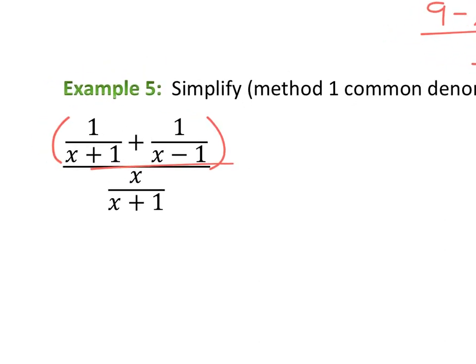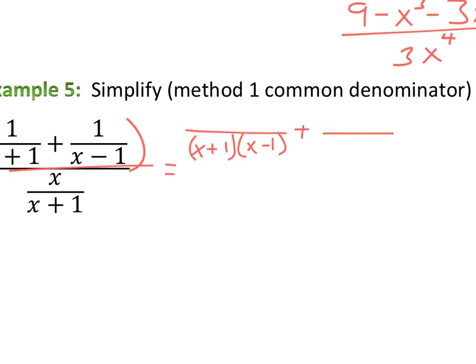In order to do that, I need a common denominator. The common denominator in this case will simply be x plus 1 and x minus 1. So just like before, I'm going to give myself the 2 blank fraction bars.